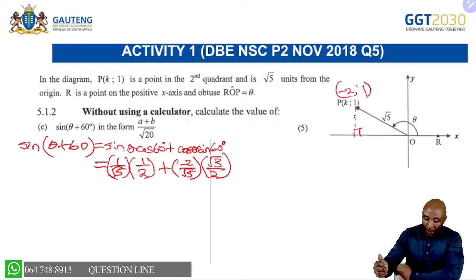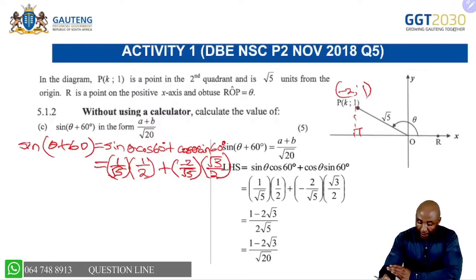So the marks go for our substitution. Then special angles, you must revise them, you must know them. And we should be able to then simplify and get our solution as 1 minus 2 root 3 over 2 root 5. But we know that 2 root 5 is the same as square root 20. And then we'll get our 5 marks.